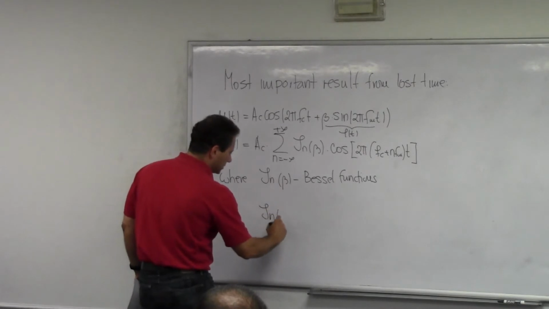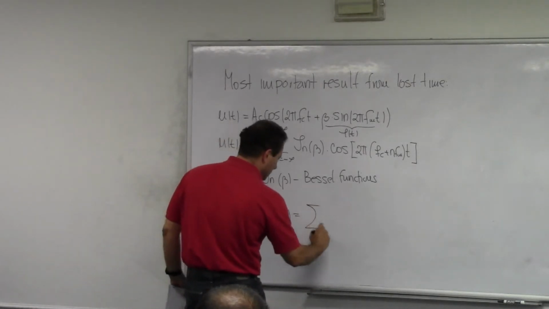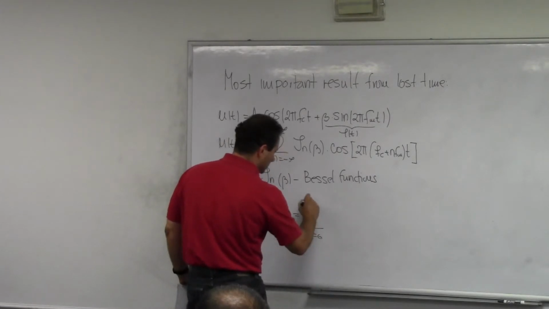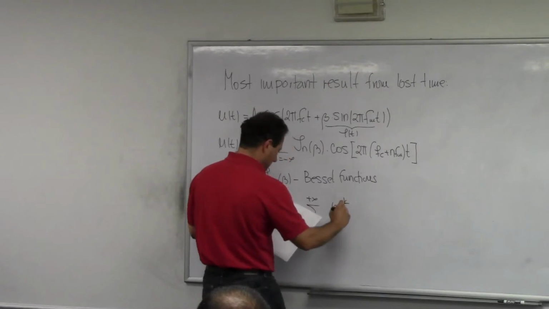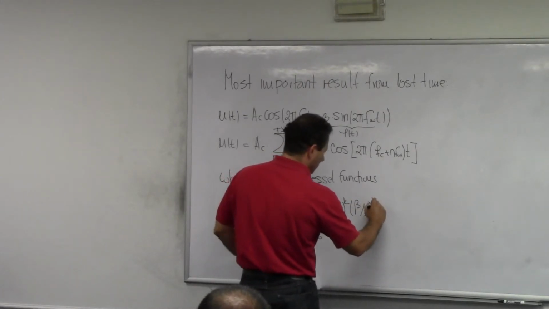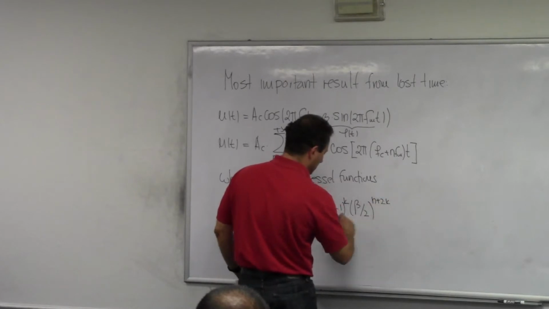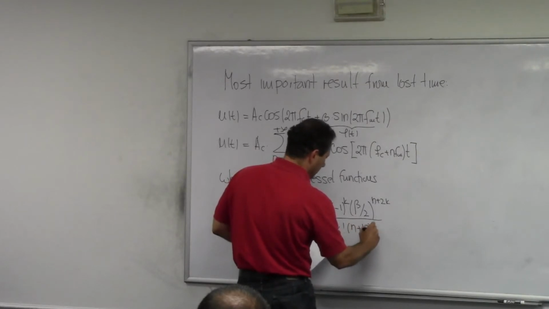Formally, Bessel functions, just like any other function, are given in terms of a series where k goes from 0 to plus infinity, (−1)^k (β/2)^(n+2k) divided by k! (n+k)!.